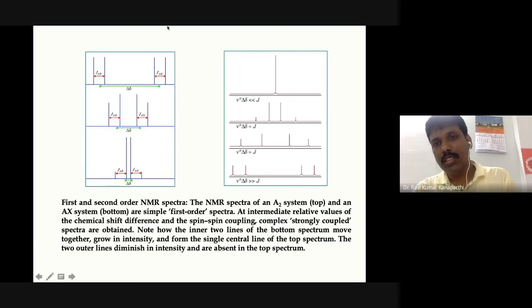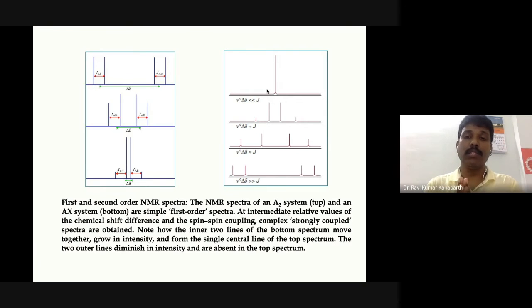So this is an A2 system, and it is seen as a singlet primarily because the separation between the two nuclei is almost not there. Therefore, both are merged together.